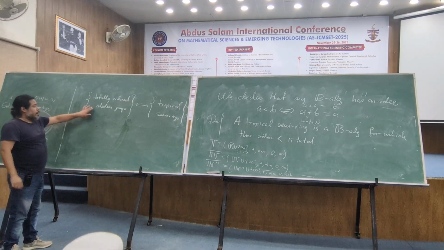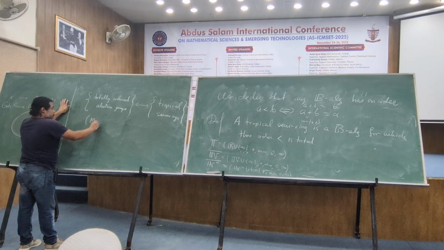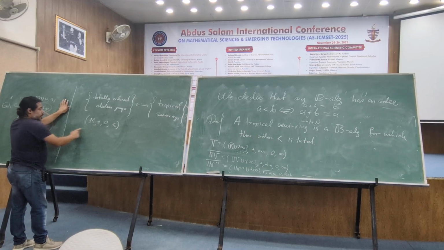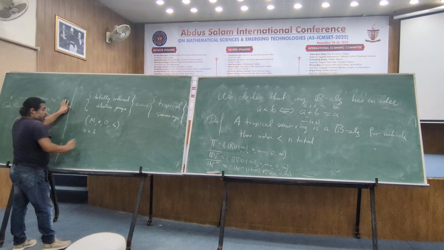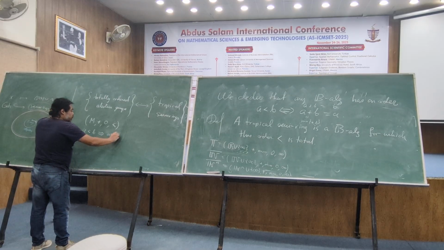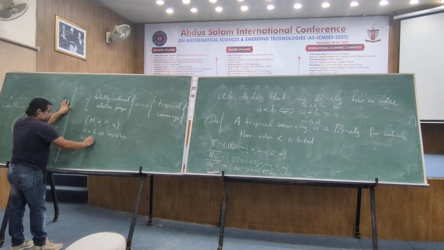So what is this? This is a tuple N, plus, 0, and an order, and it satisfies that if A is smaller than B, then A plus C is smaller than B plus C, for C in N.